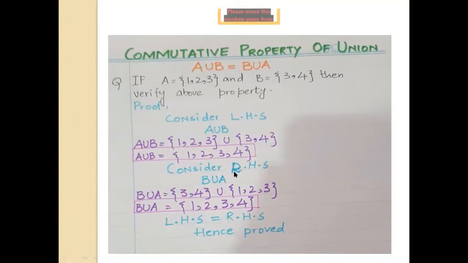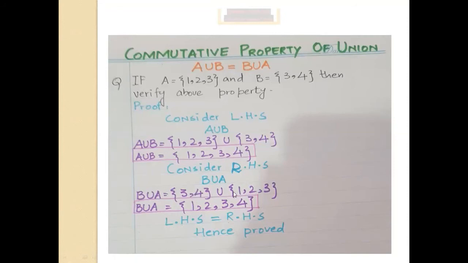Now come towards the right hand side of that property. The right hand side states B union A. If it is B union A, first we write the elements of set B, then union, then the elements of set A. B is 3, 4, union, the elements of set A are 1, 2, 3.